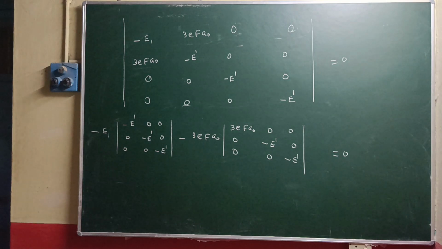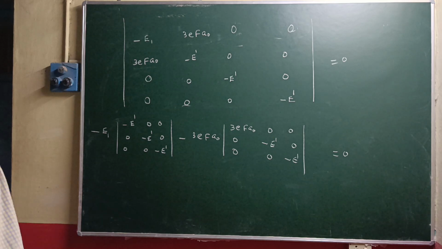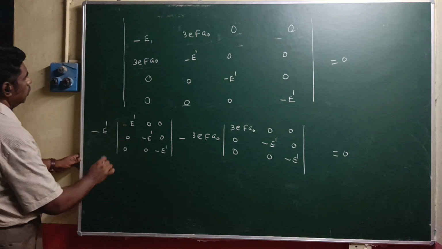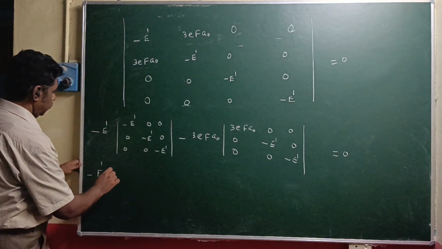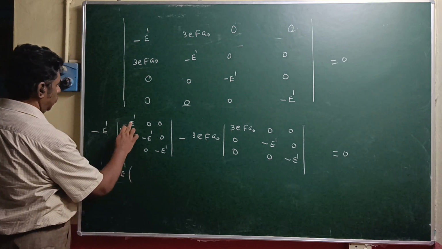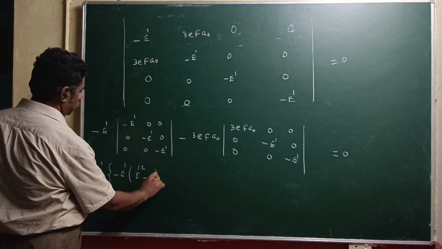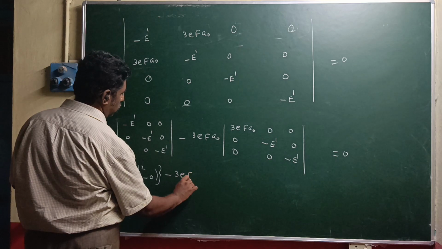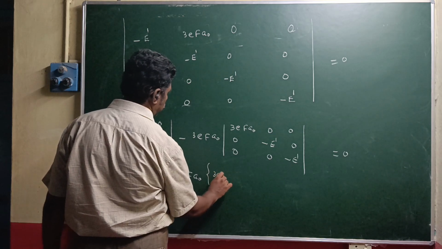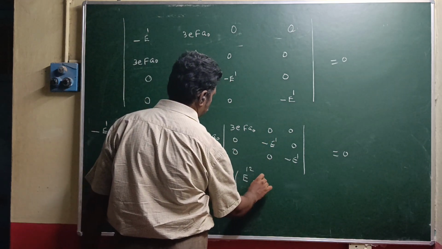Now we have to solve the above. It is modified as minus E1 into E1 square minus 0, minus 3eF a0 into 3eF a0 into E1 square minus 0.